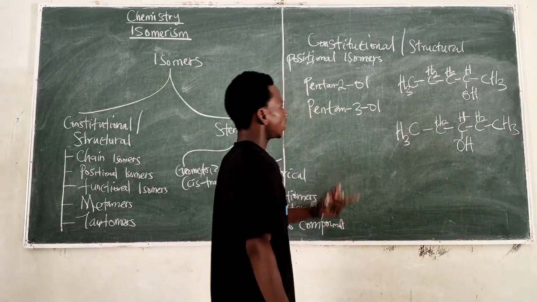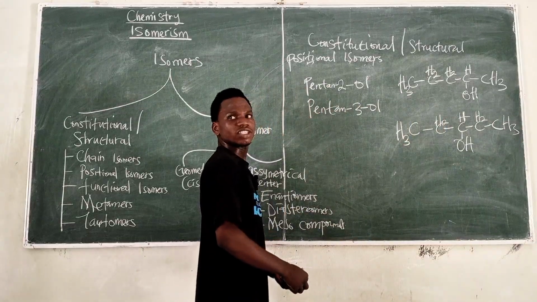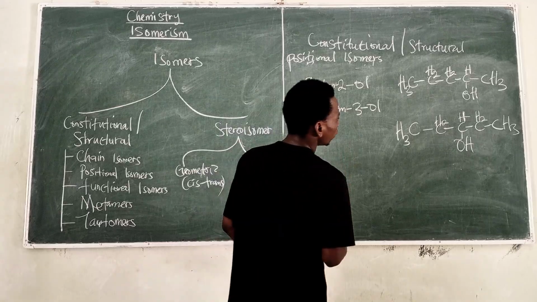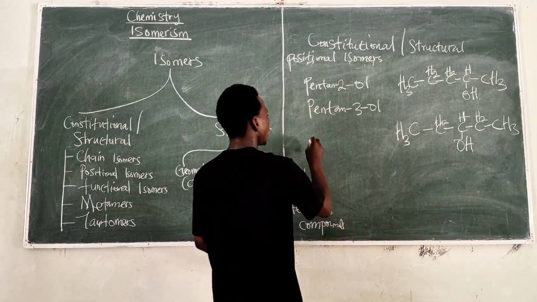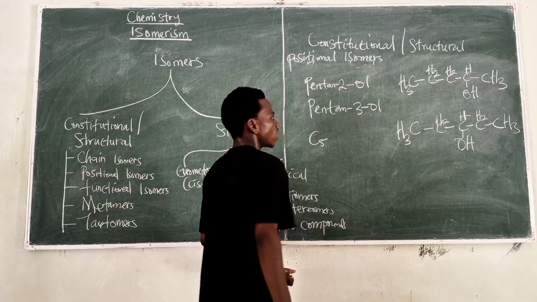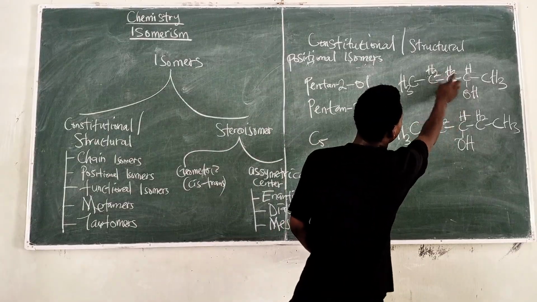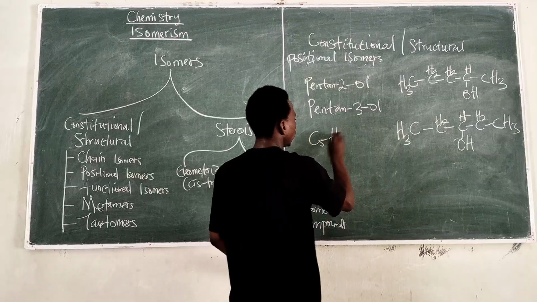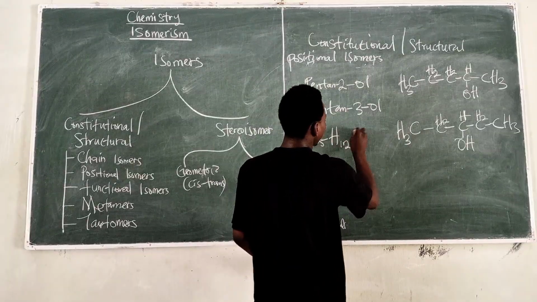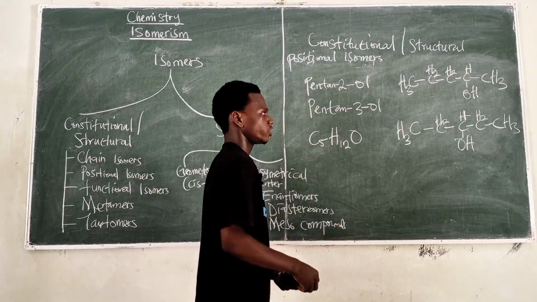So going by the number of atoms in each structure, in pentan-2-ol, we have 5 carbon atoms and 12 hydrogen atoms with 1 oxygen.